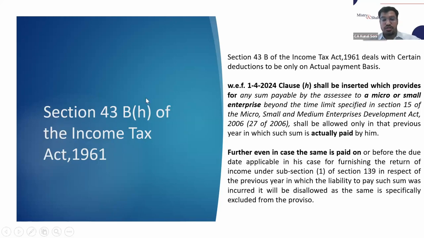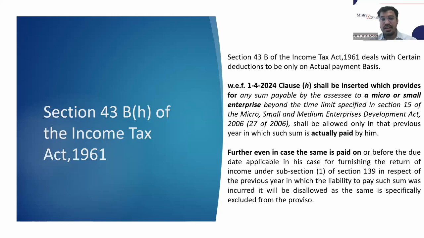So now coming further, when discussing clause 43B, there is a proviso below it which provides that even if the payment is made on or before the due date under section 139(1), then in that particular case the deductions are allowed. However, when discussing 43BH, this particular proviso specifically excludes this clause.